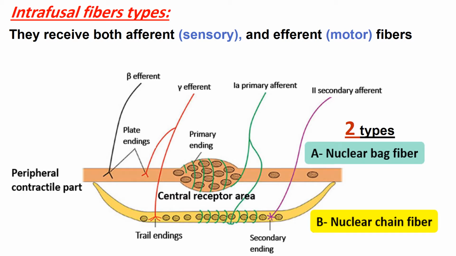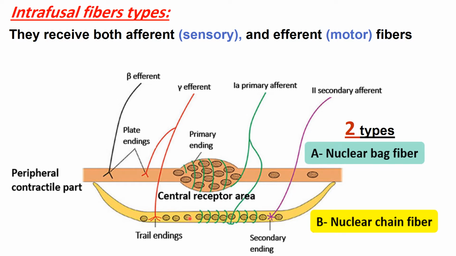Let's start with the afferent, the sensory fibers received by the intrafusal muscle fibers. First, I will explain two types. We have two types of intrafusal muscle fibers or muscle spindles, according to their shape. One is called nuclear bag fiber, and the other is nuclear chain.